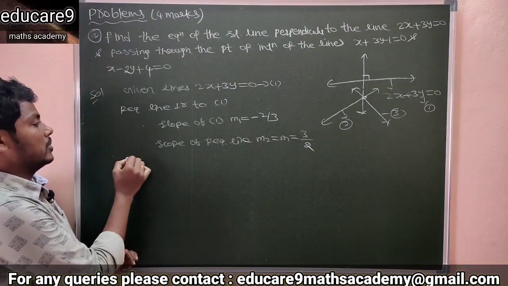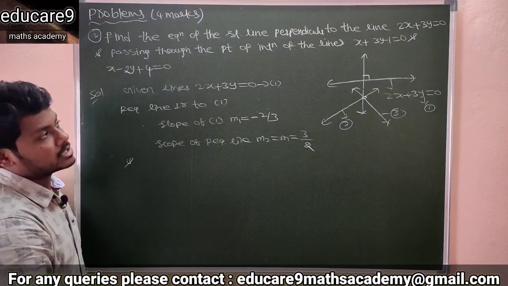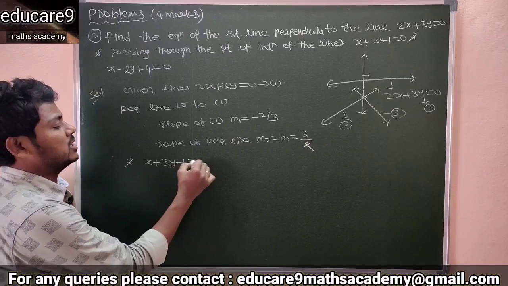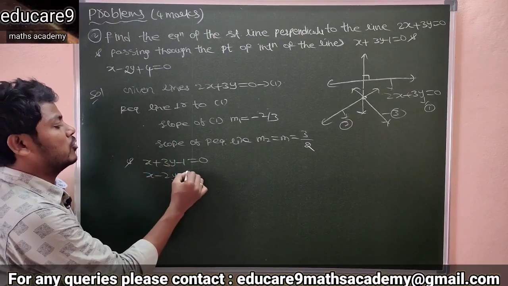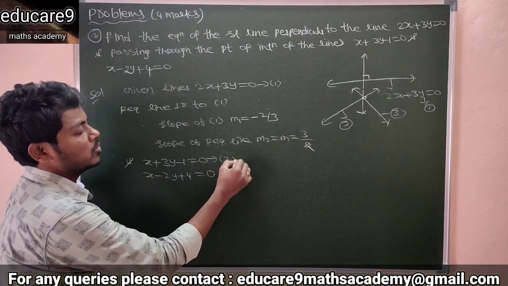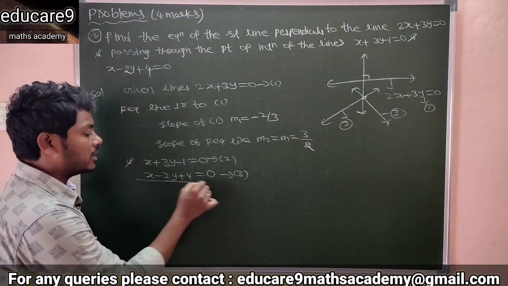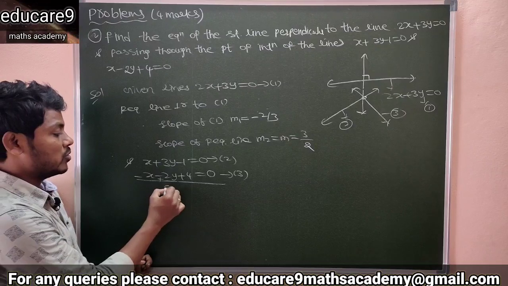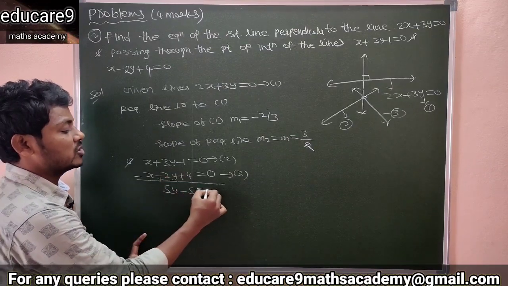Now the required line passes through the point of intersection of two lines. The lines are x plus 3y minus 1 equals 0, this is equation 2, and x minus 2y plus 4 equals 0, this is equation 3. Solving both of them, subtract these two: you get plus 3 plus 2, 5y, minus 1 minus 4, minus 5, equals 0.